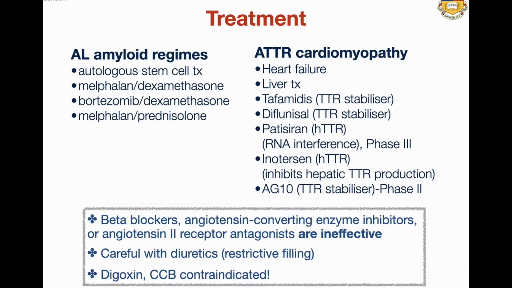We need to be very careful with diuretics because of the restrictive physiology, and digoxin and calcium channel blockers are contraindicated. So that makes the need for accurate diagnosis of amyloid heart disease very, very important. What you give to some patients with heart failure, you should not give if the heart failure etiology is amyloidosis.